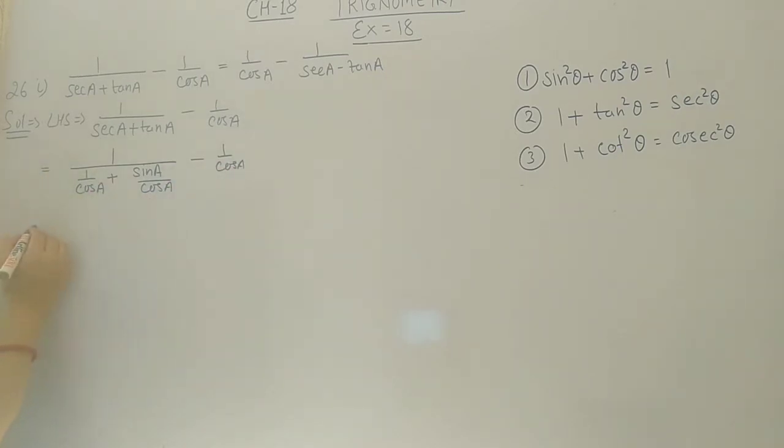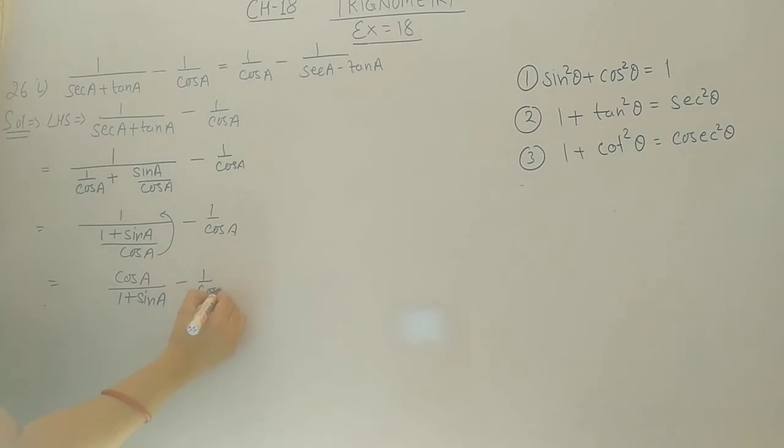So here in the first term, when we take the LCM in the denominator, we will get (1 + sin a) by cos a minus 1 by cos a. So this cos a will go up, and we will get cos a by (1 + sin a) minus 1 by cos a.